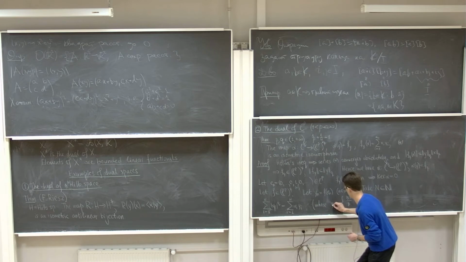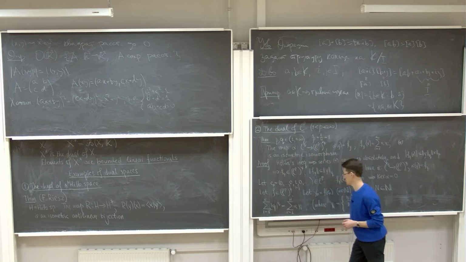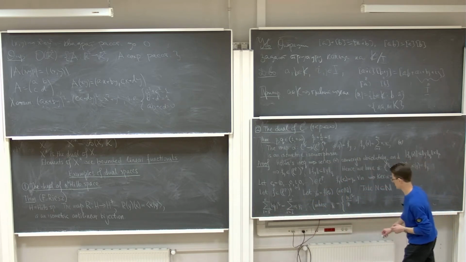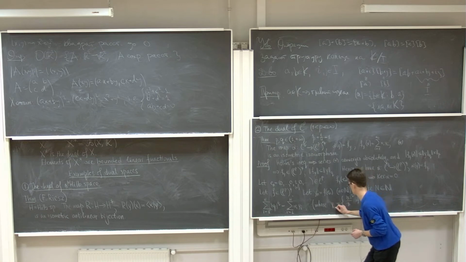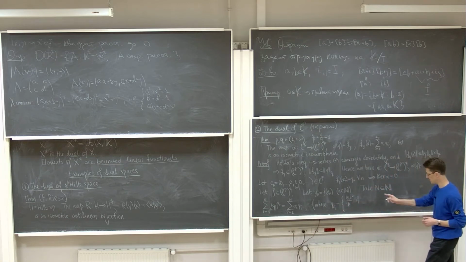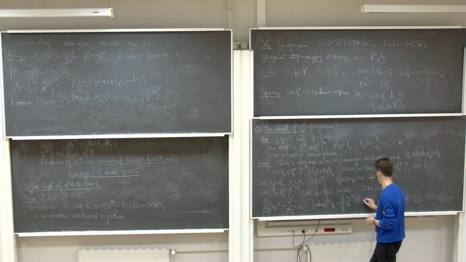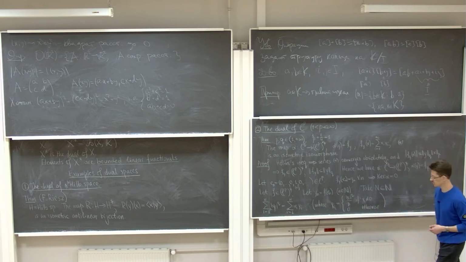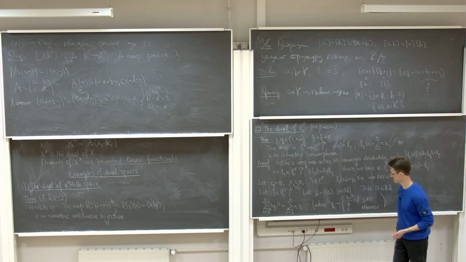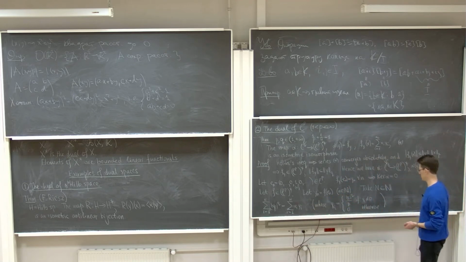This is x_i, sorry. We already have y, and we define x. So we define x_i in the following way: if y_i is non-zero, and 0 otherwise. So if we define x_i in this way, then clearly this formula is true.